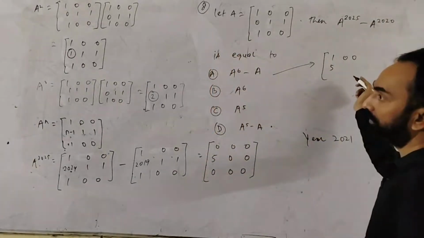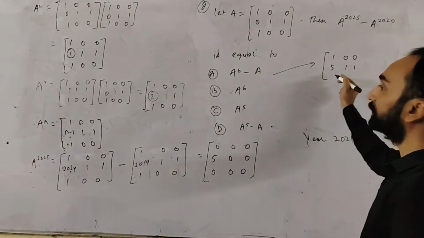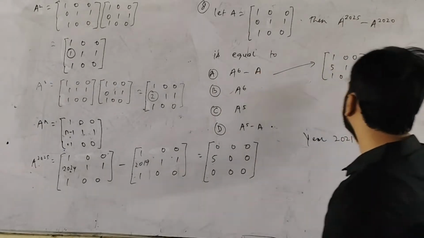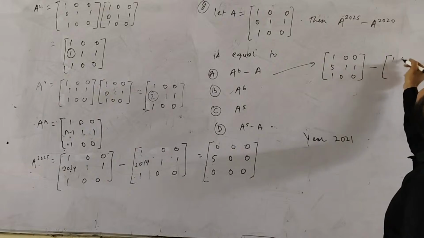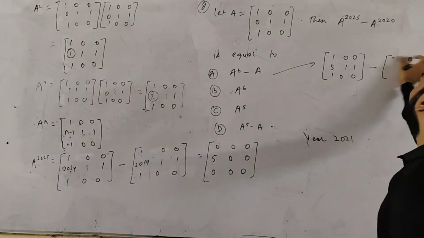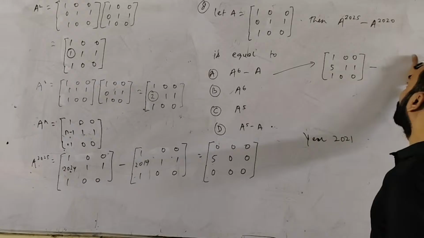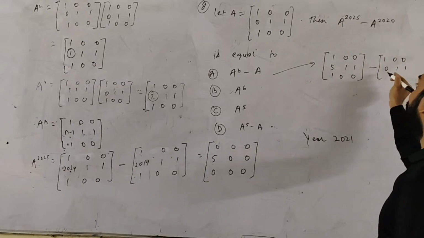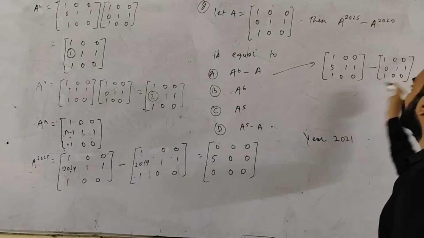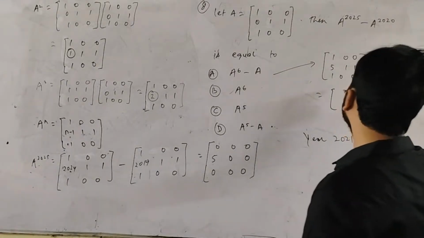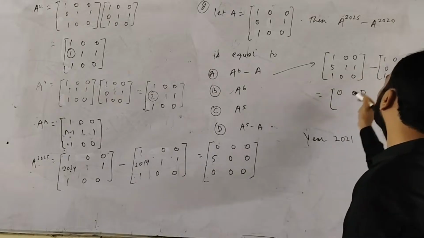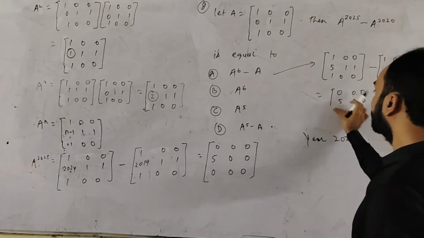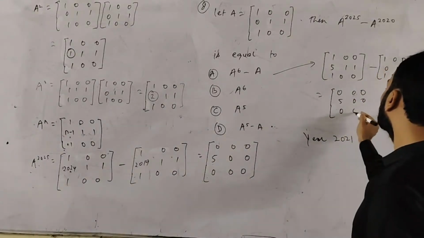So A to the power 6 minus A: the original A was 1, 0, 0, and this was 0, 1, 1 and 1, 0, 0. Correct, no? If you subtract it, we will get 5 minus 0 is 5, and 0, 0, and this will be 0, 0, 0.